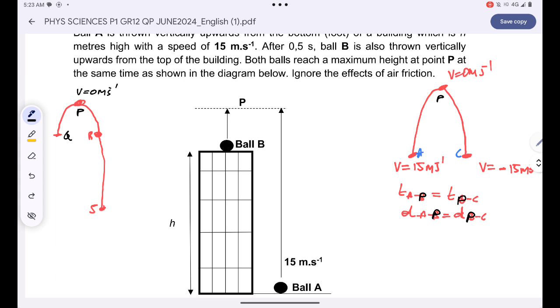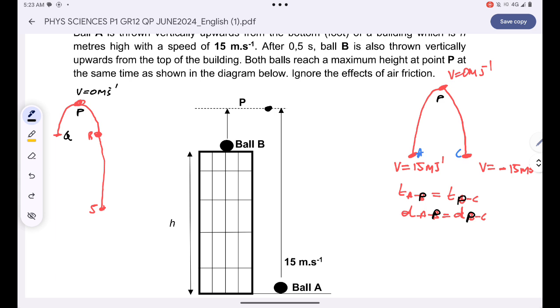And please note that guys, since both of these balls reach the maximum height at the same time, that means whenever the two balls are at position P, or rather are at height P, they will reach the same height at the same time, and that height will be the maximum height for both balls.